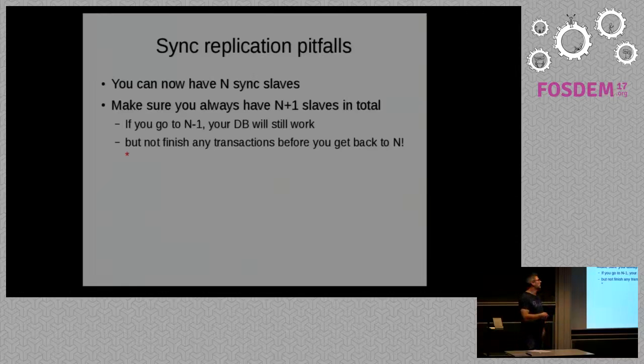So if you have n synchronous slaves configured, have one spare server that is async, right? Because that can still take over and be declared as a synchronous slave, so you just have to catch up a few seconds, and then you will still be fine. And then restore that n+1 server as an async slave or whatever, but you get the idea. So you still want to have your system running, and remember, disaster strikes. It does.